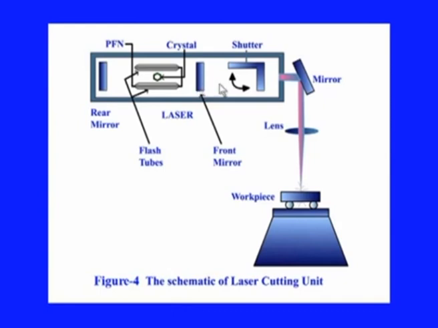After it attains a certain energy or power level, it will be taken out through a partial reflecting arrangement, through which the laser will come out as shown in this particular figure, and can be focused on the workpiece with the help of a lens assembly.